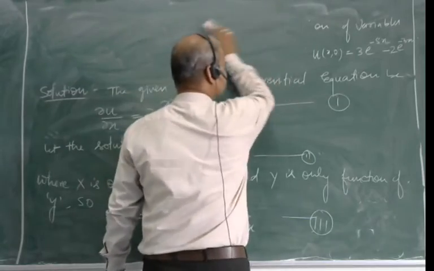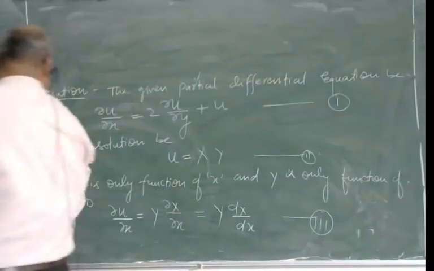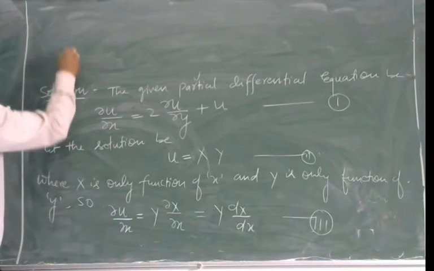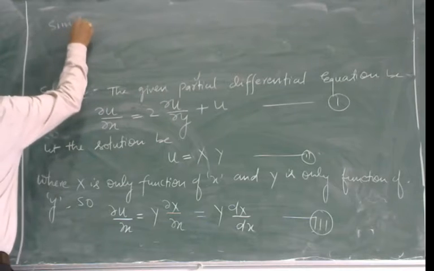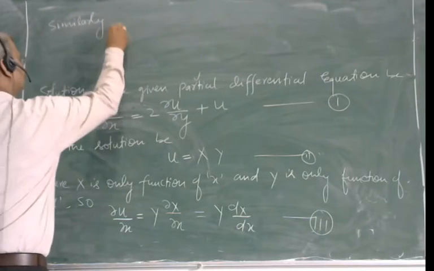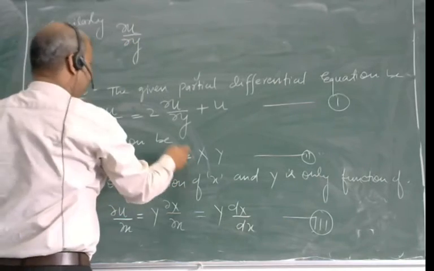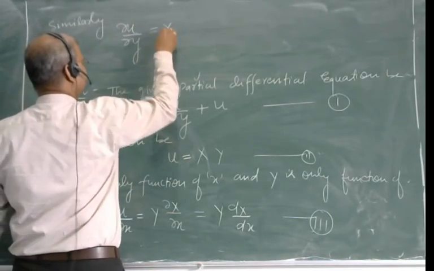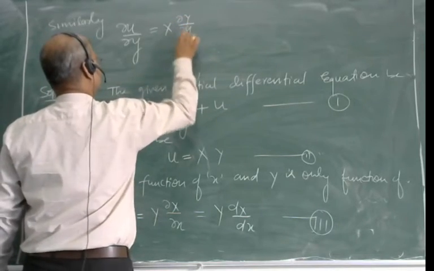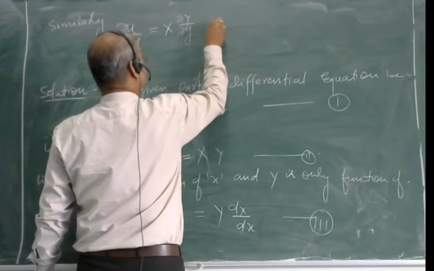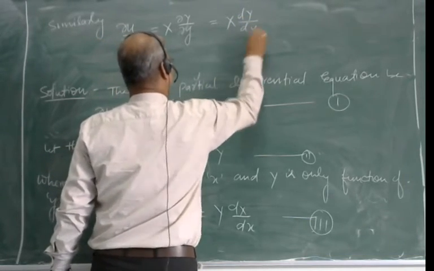By the same process, we will find similarly del u upon del y. What happens? This would be X del Y by del y. Since Y is only a function of y, it should be dY by dy.